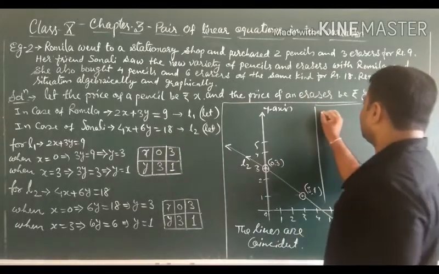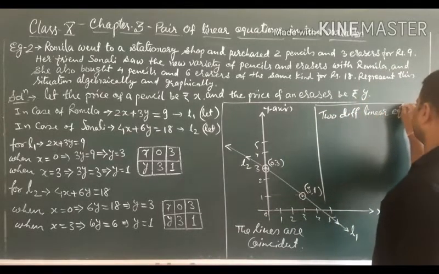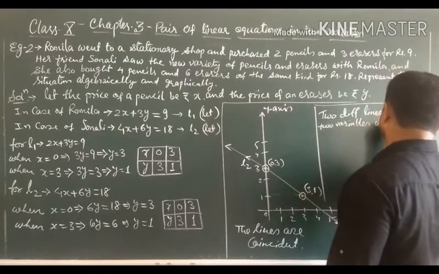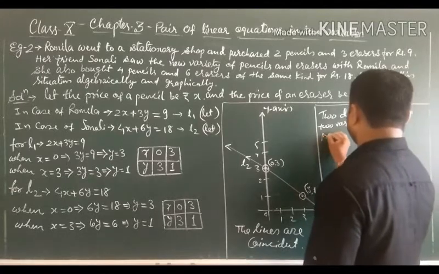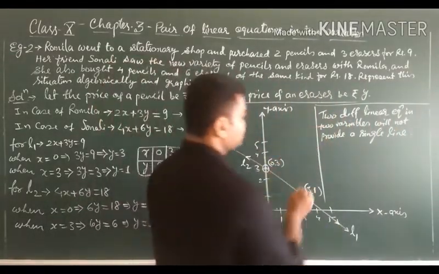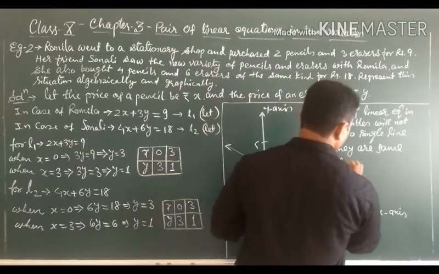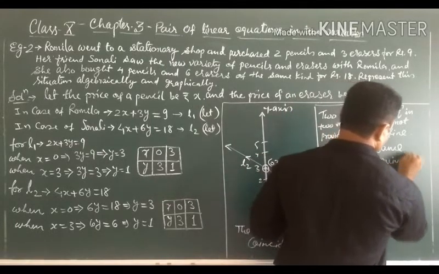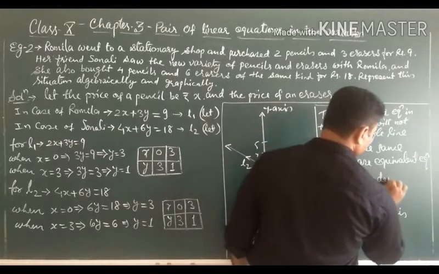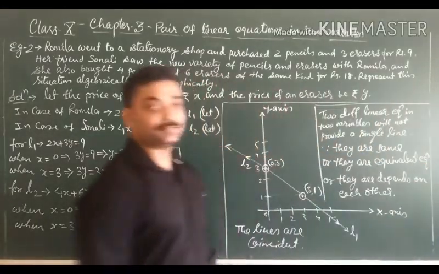So we can say here 2 different linear equations in 2 variables will not provide a single line because they are the same, or they are equivalent equations, or they depend on each other.